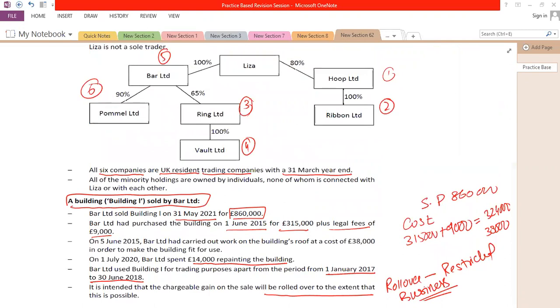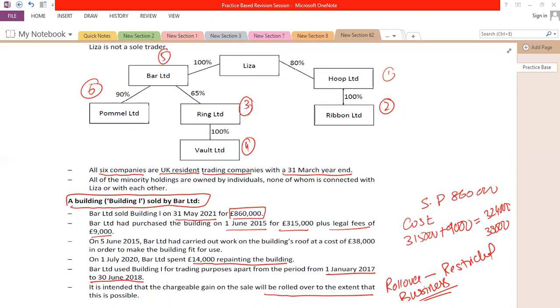No. The zero rated supply means the company is not paying any kind of tax. So in that case, it is beneficial to make it a separate company, right? Rather than a group. Because if that company would be part of the group, then you have to follow the group's rules.